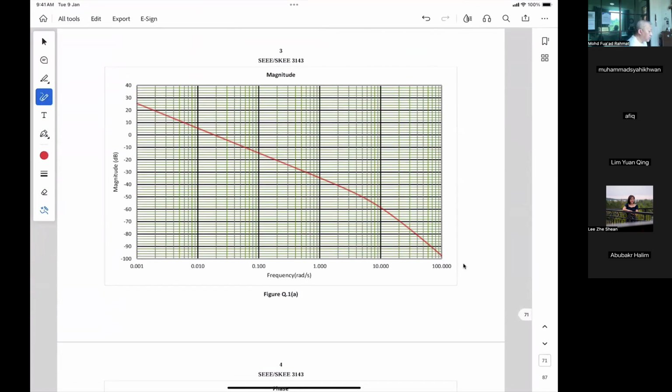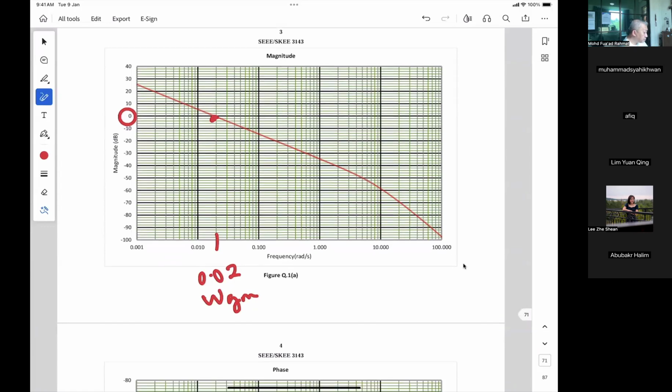So find 0 dB and the gain curve cuts 0 dB here, more or less, which is 0.02. This is omega GM, gain crossover frequency.